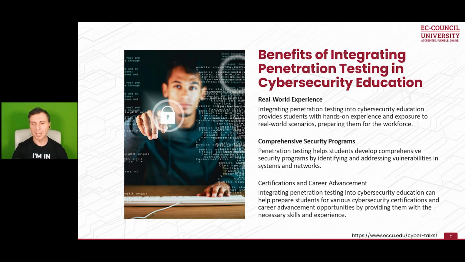So if I have a certificate, I can show it as proof that I'm smart, and then an employer will give me a job much quicker. I don't want to argue with that, but I would say the first thing that you should get is hands-on experience. When you get hands-on experience during your education program, then it will help you to achieve the certification. So certification should not be your primary goal.